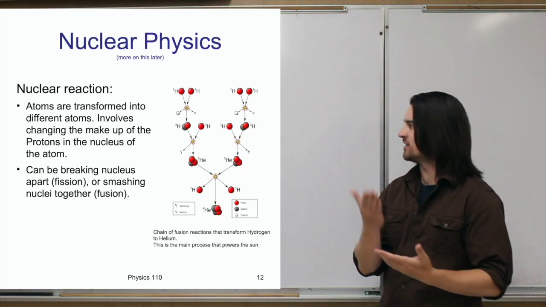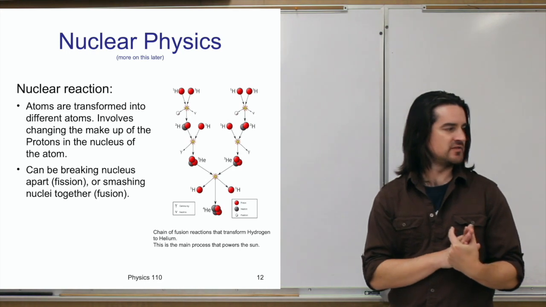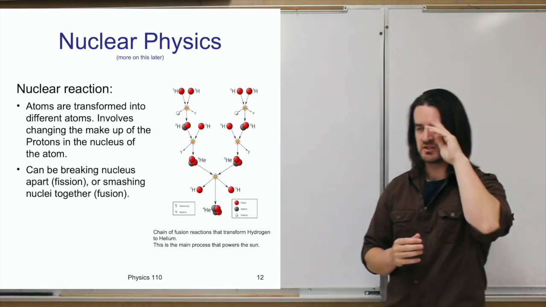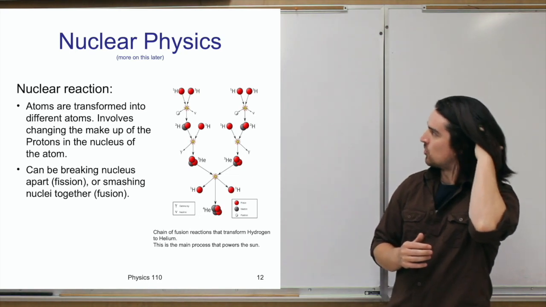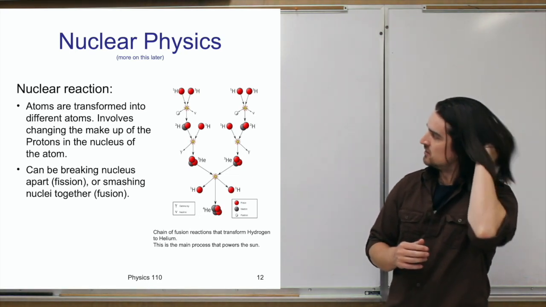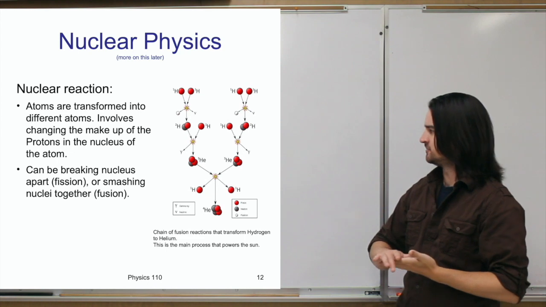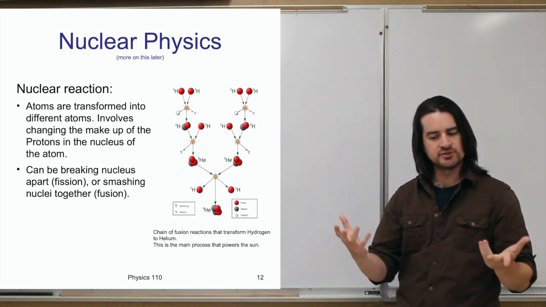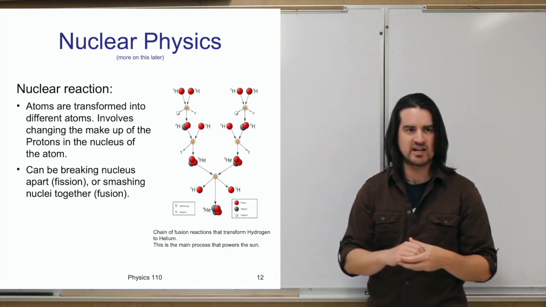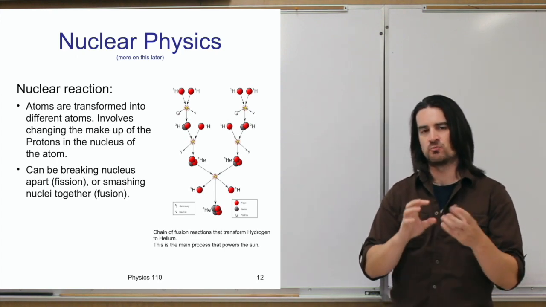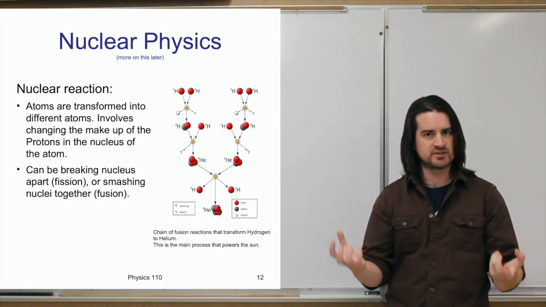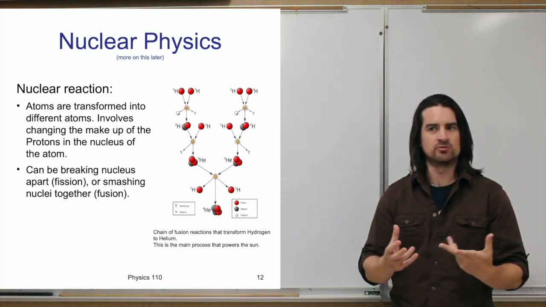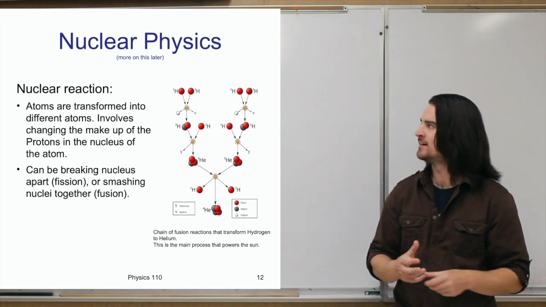And just as a preview, since it naturally leads into this, later on in the course when we talk about modern physics and go a little more in depth into nuclear physics, we'll say more about this. If we have a process that changes the structure of the atom, or changes one type of atom to a different type of atom, that is when we get what we call nuclear processes.